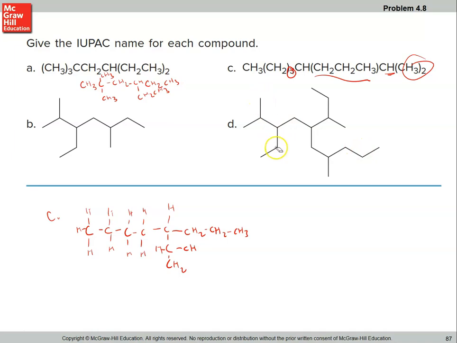We have a methyl group off of 2, ethyl off of 3, a sec-butyl off of 1, 2, 3, 4, 5, and we have another methyl off of the 7 carbon. So this is 5-sec-butyl, 3-ethyl, 2,7-dimethyl decane. And that concludes those questions from throughout the chapter that we had discussed in earlier slides.